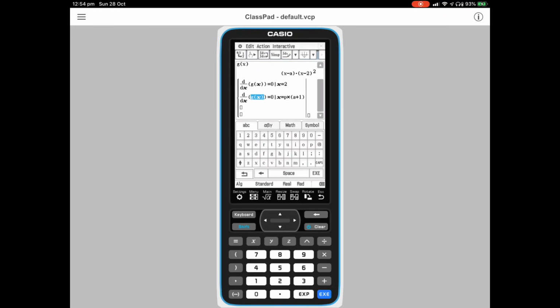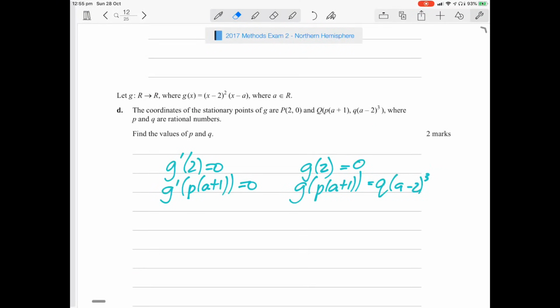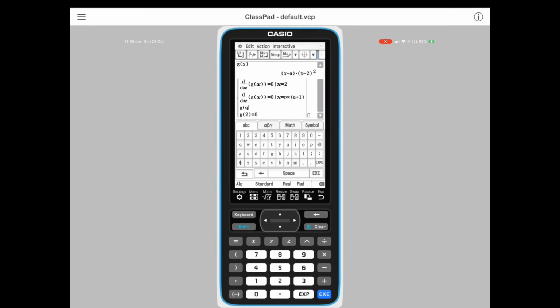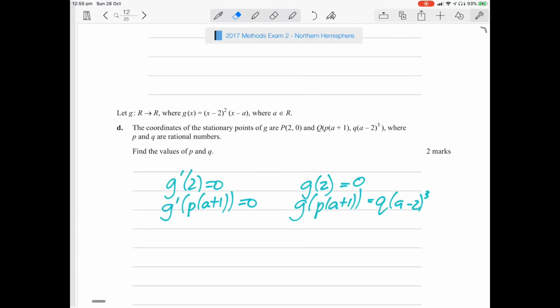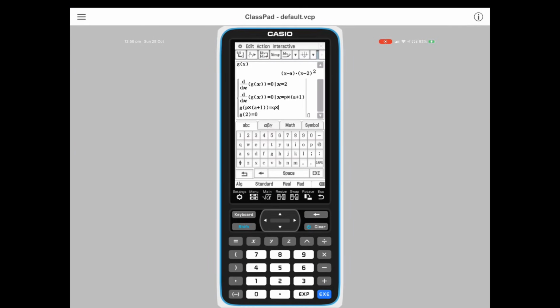We know g of 2 is equal to 0, and we know g of p(a+1) equals q times (a-2)^3.